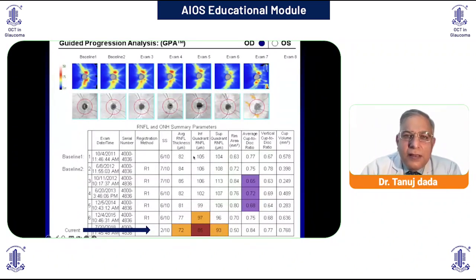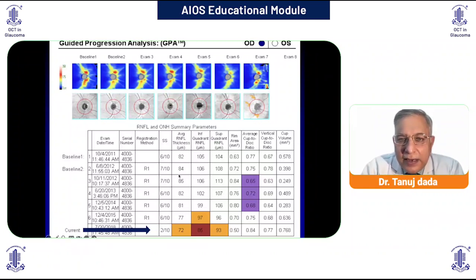And here you can see the parameters of the patient on follow-up. So the patient started with 82 average thickness, and after 5 years it has decreased by 10 microns to 72 average thickness, and the inferior quadrant from 105 to 85. So drastic reduction in the retinal nerve fiber layer thickness.